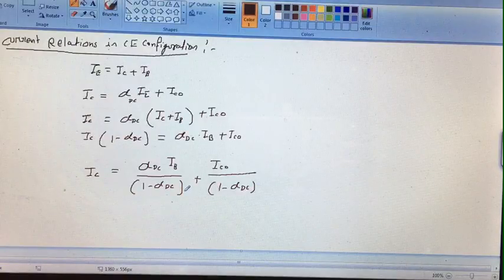We defined beta current gain, that means the relationship between alpha and beta. We have found that alpha DC upon 1 minus alpha DC is always equal to beta DC.